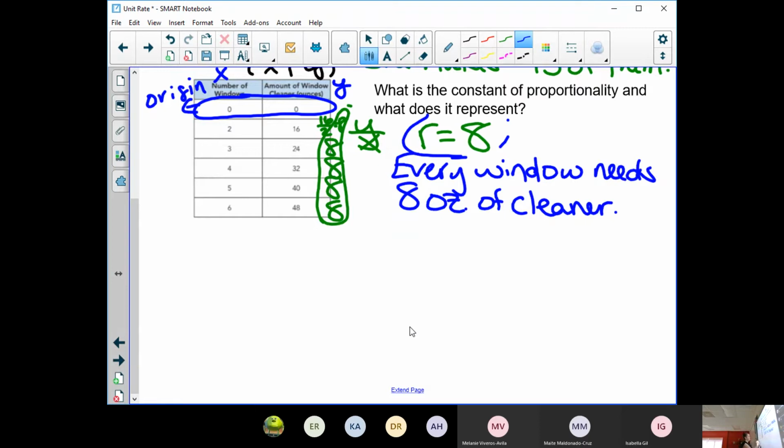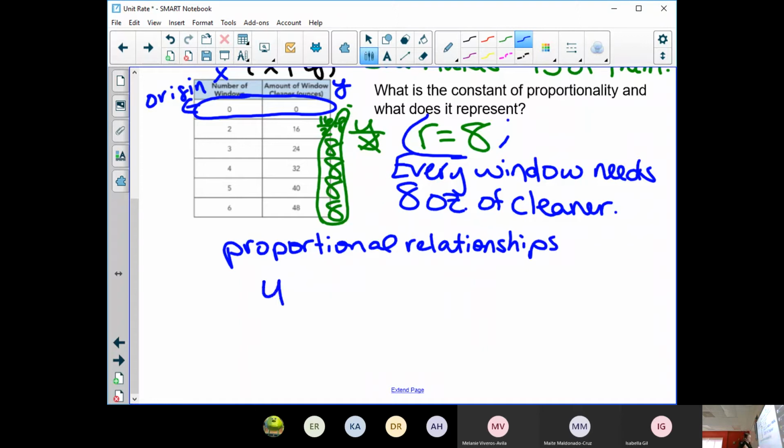And for proportional relationships, we use the equation y equals rx. So R is our constant, and I'm abbreviating, of proportionality.